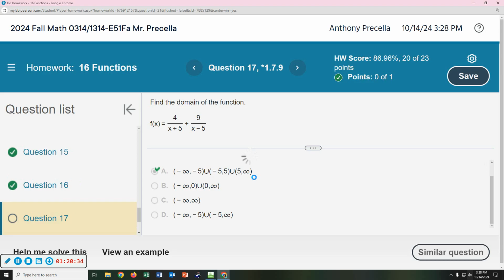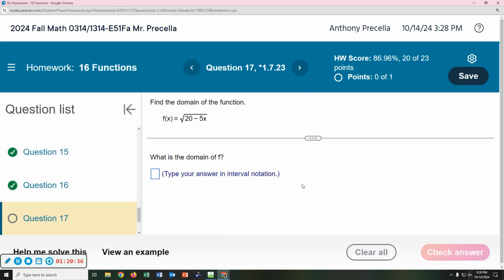Okay, I want you to look at 17 and 18. 17 has a square root symbol, and I'm thinking that's probably what stands out to y'all.